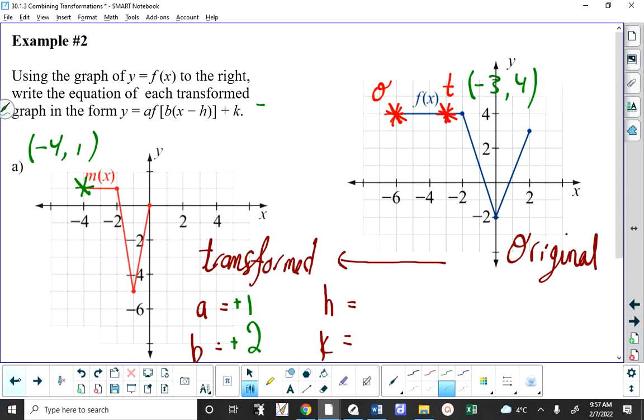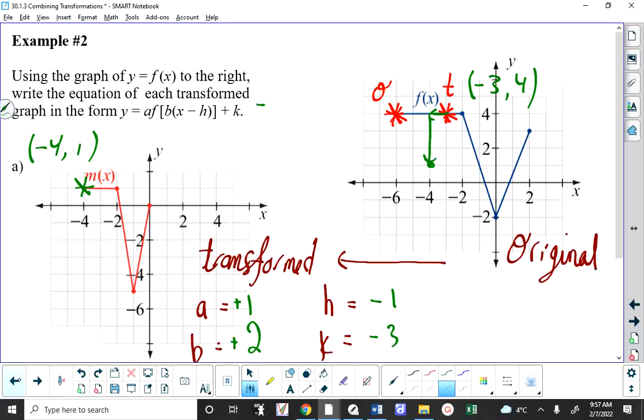So how do we shift that point at -3, 4 to get it to be at -4, 1? Well, -4, 1 is here. So it's looking as though I have to shift it 1 to the left, which means H is -1, and I need to shift it 3 down. So H is -1 and K is -3.